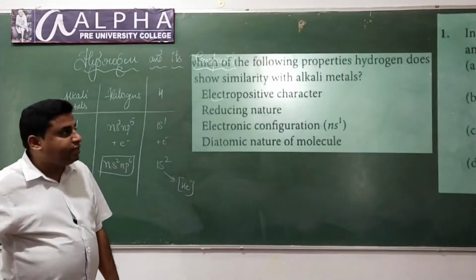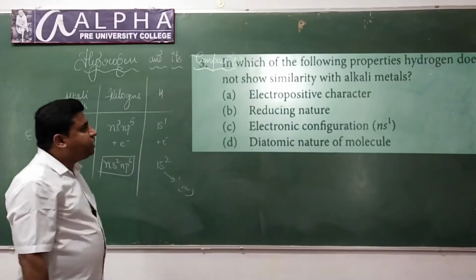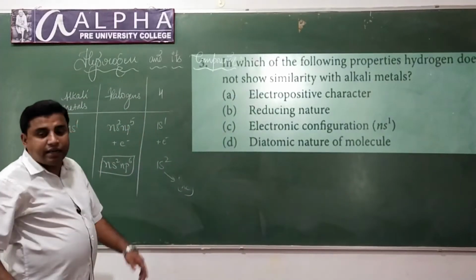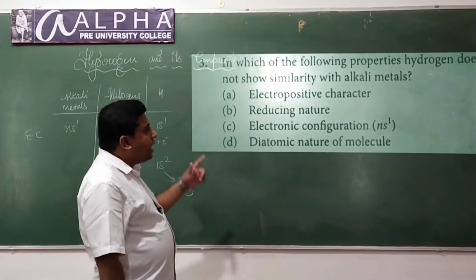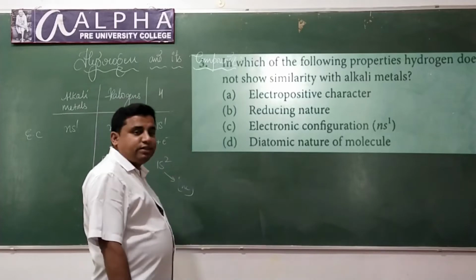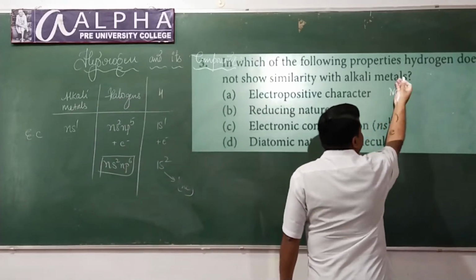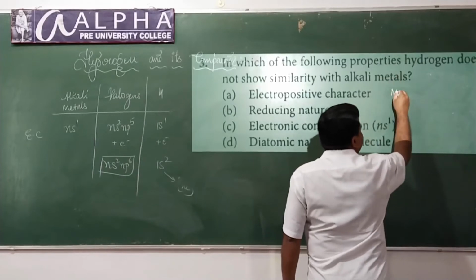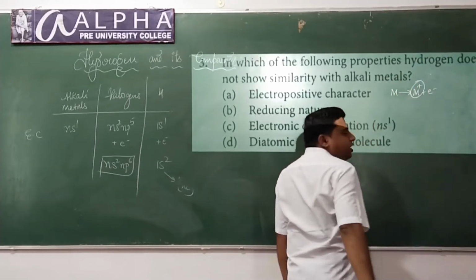Next question. In which of the following properties does hydrogen not show similarity with alkali metals? Now look here, sodium: all alkali metals will lose one electron and form a unipositive ion.